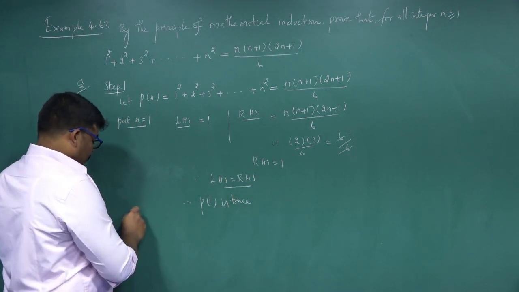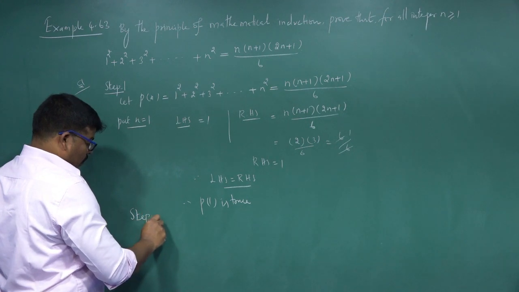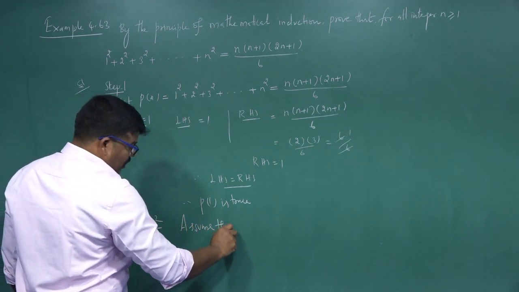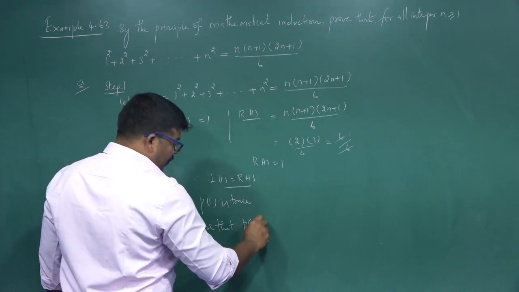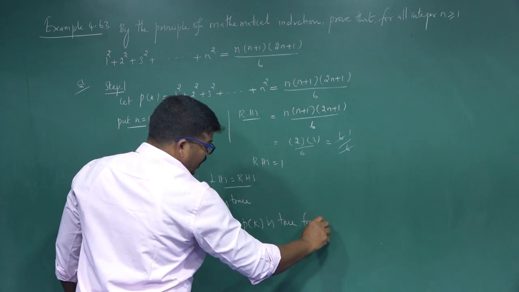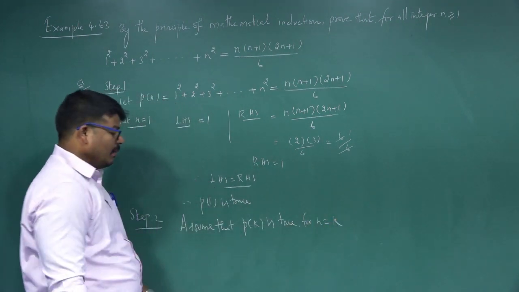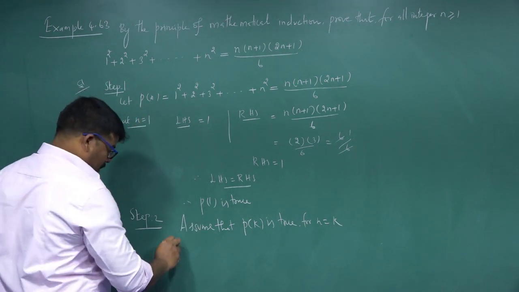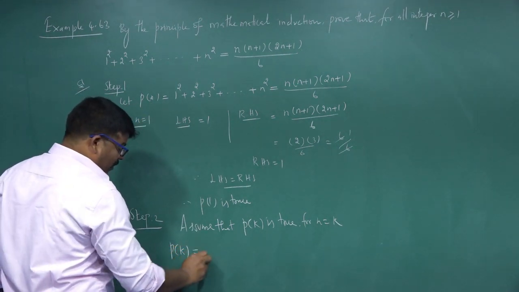Step 2: assume that P of k is true for n equal to k. Substitute in P of n, that is, write P of k by putting n equal to k.